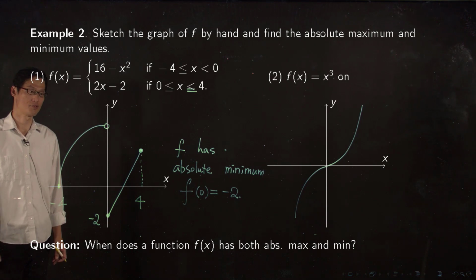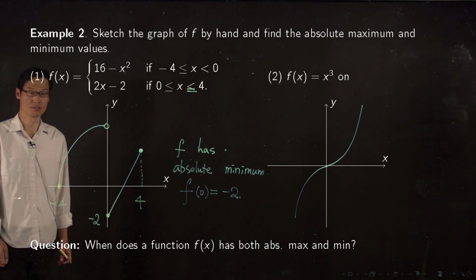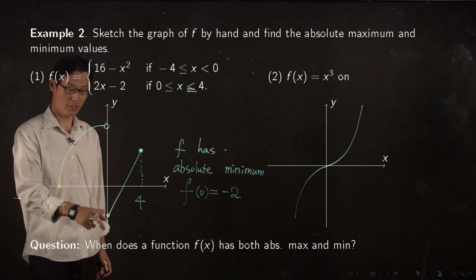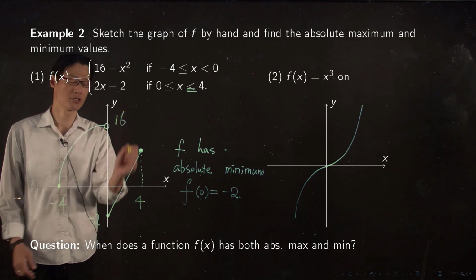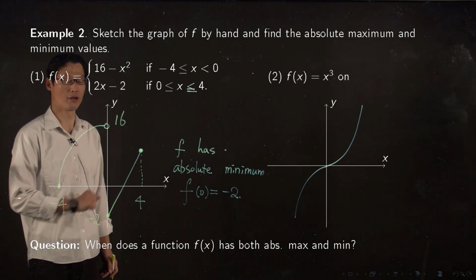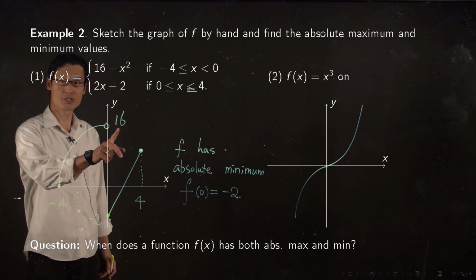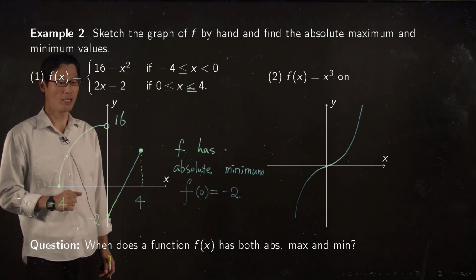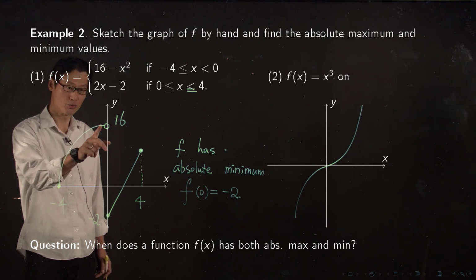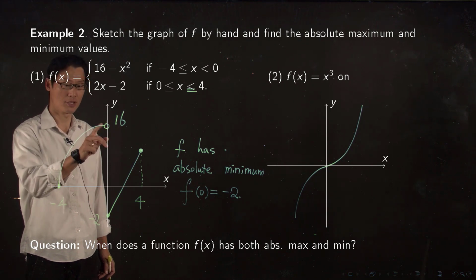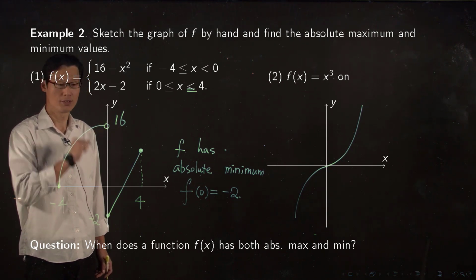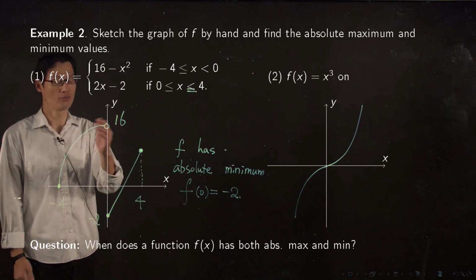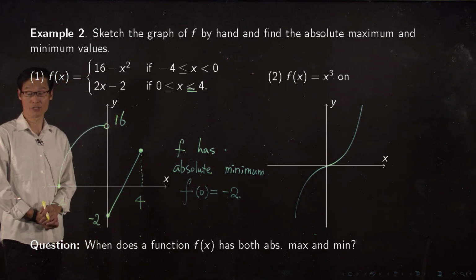It doesn't have absolute maximum because look at this. When you plug in x equals 0, you will get 16 if it was defined there. But this 16 cannot be attained in f. Any value less than 16 can be attained in this graph, so in that sense, your function has no absolute maximum.